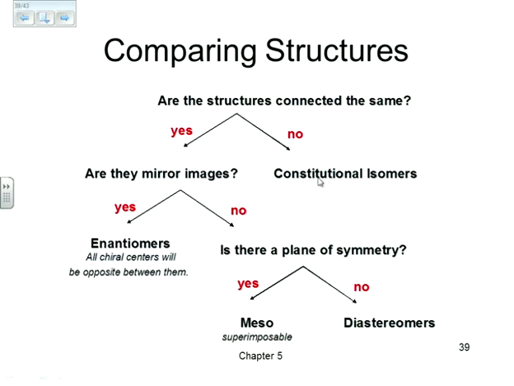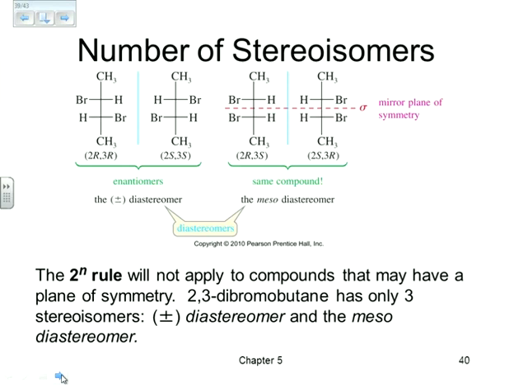If they're not connected the same, remember those are constitutional isomers, where they have completely different connectivity, different branches, everything. If they are connected the same, then it's some sort of conformer. Then you look, are they mirror images of each other, like complete opposites? Yes, they're enantiomers. No, then they're diastereomers. Is there a plane of symmetry? Yes. Okay, so let's look at this.